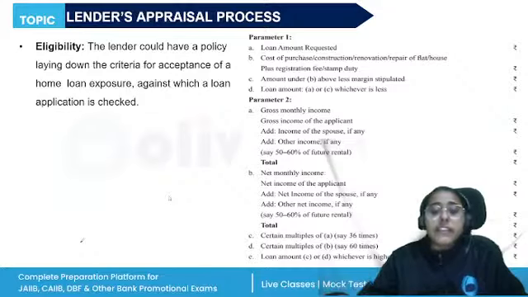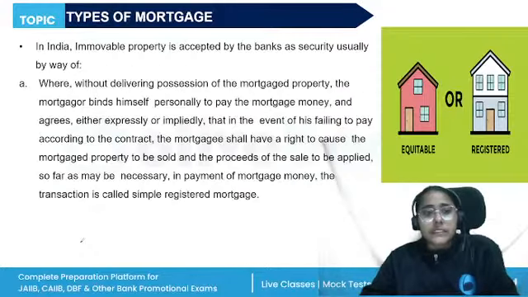If the loan is for the purchase of a ready-built house or flat, then the age of the existing structure if it is old, the purchase price, the cost of additional items, and so on. So the banks are going to consider all of these parameters.